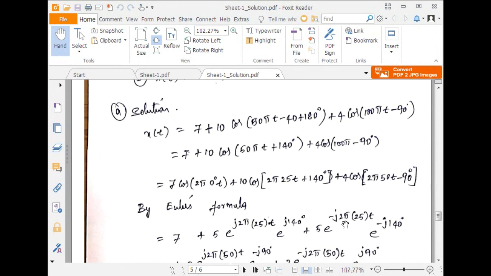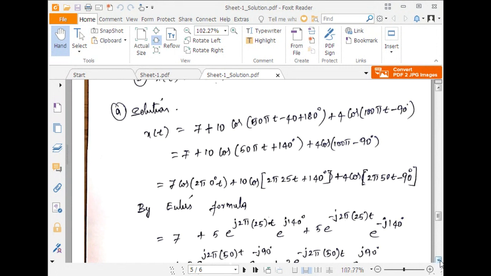Because the maximum value of cosine is at 0 degrees, at zero time. Cos signal is even, so it starts from maximum. That's why we have to convert.